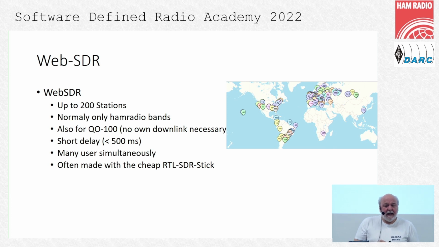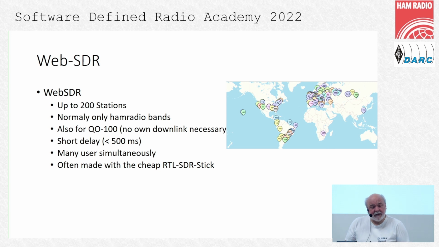But there's also an SDR available for the QO-100. That means for the newbies on the satellite, you need only an uplink, and you can receive the downlink via the SDR.